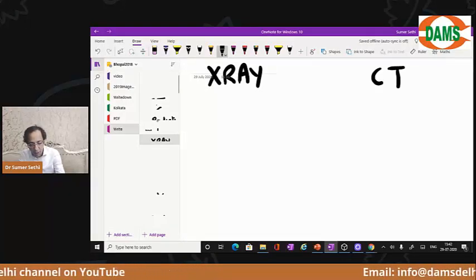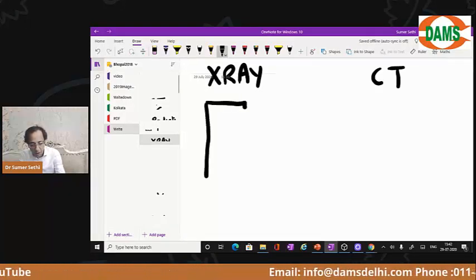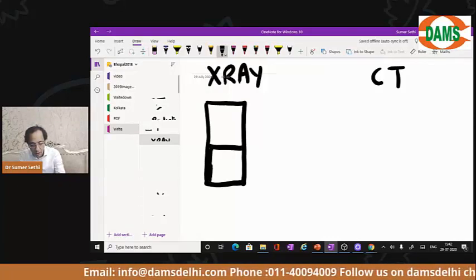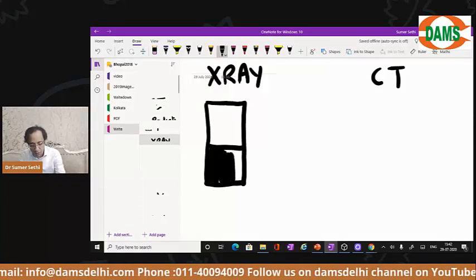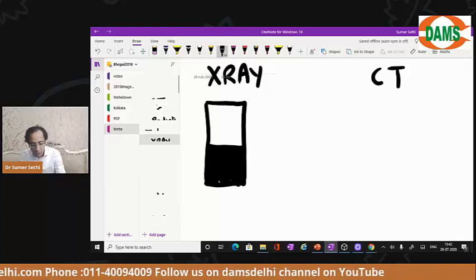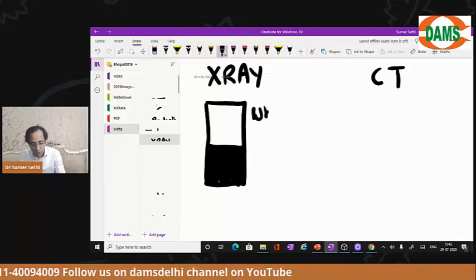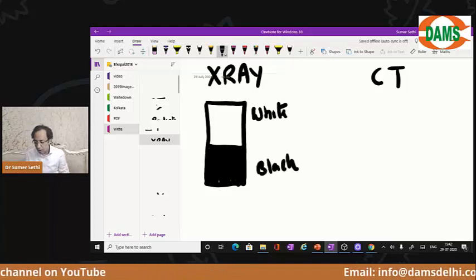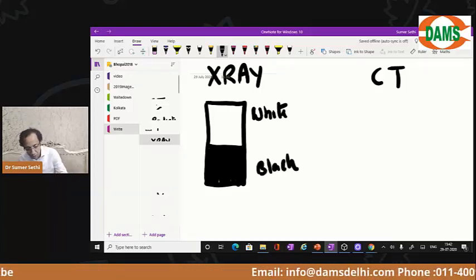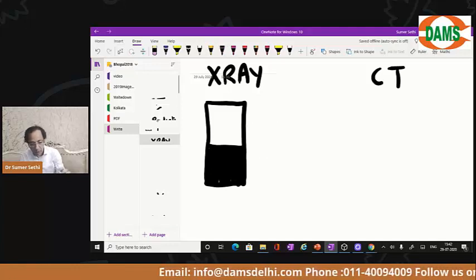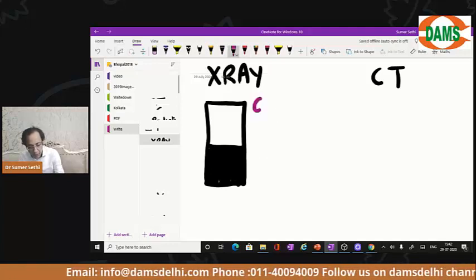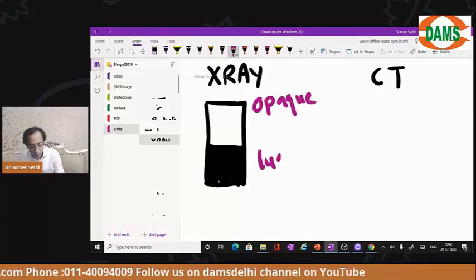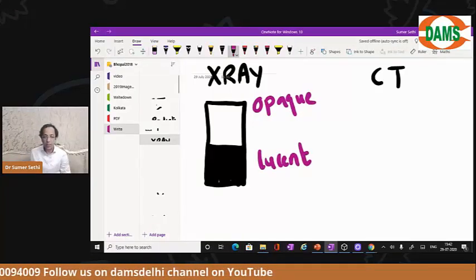Whenever we do an X-ray of a patient, we are able to see two colors, white and black. Technically we will use the words opaque and lucent whenever we are doing an X-ray. Okay.